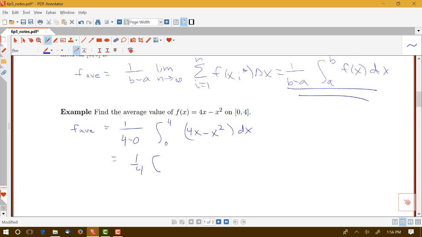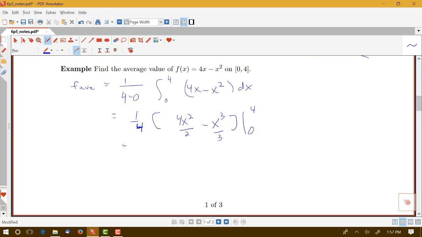So we go ahead and do our antiderivative. We have 4x squared over 2 minus x cubed over 3, evaluated from 0 to 4.